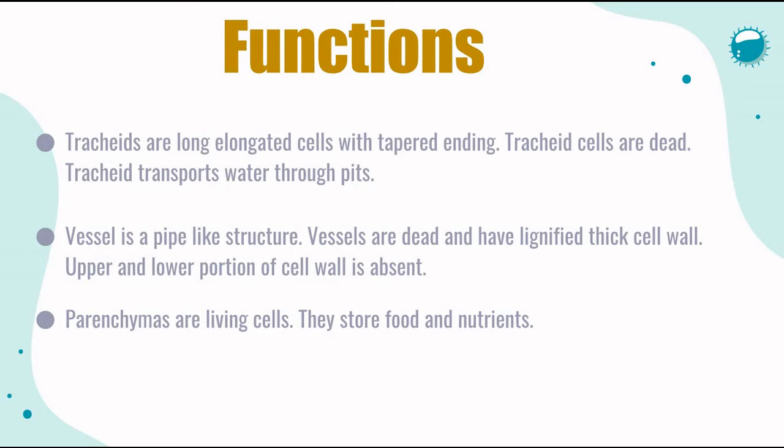If you remember, what is the function of parenchyma tissue? The function of parenchyma tissue was to store food and nutrients. That was basically its main function. So here also the xylem parenchyma is storing food and nutrients. Parenchyma, if we remember, is a simple permanent tissue, but xylem parenchyma is a complex permanent tissue.